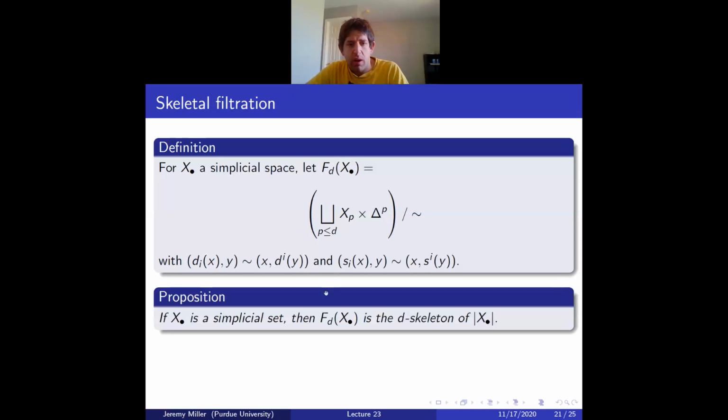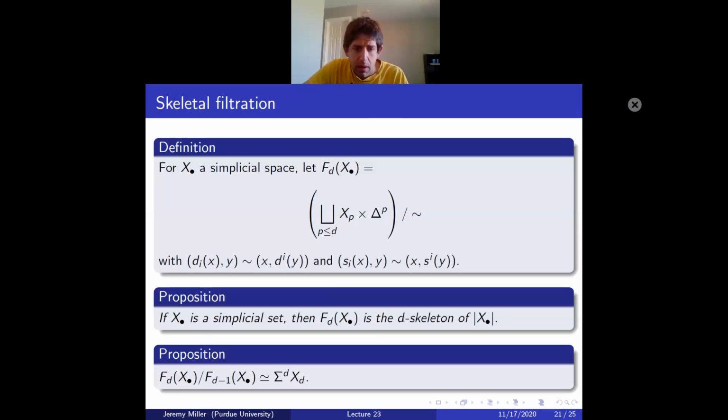Okay, so this construction gives you a space, and if you started out with a simplicial set, then this will just give you what you traditionally think of as the d-skeleton.